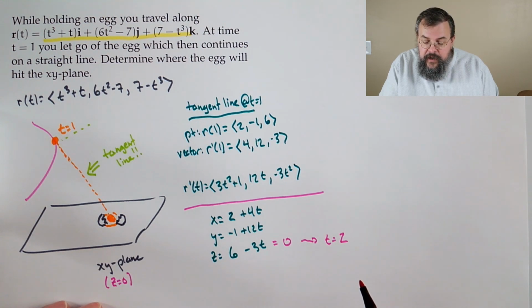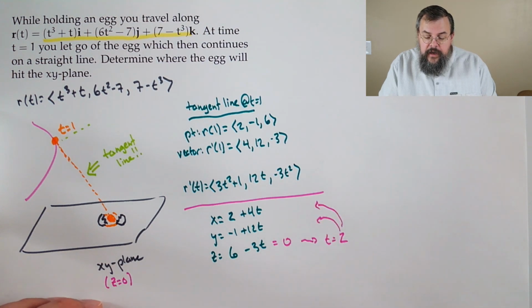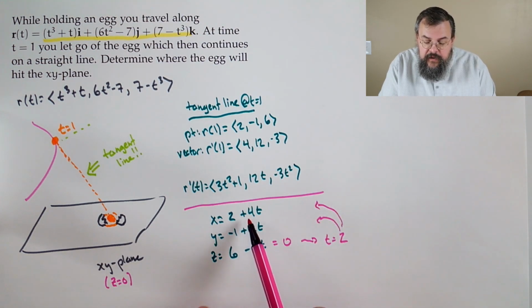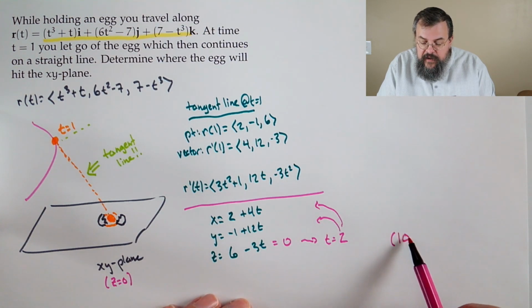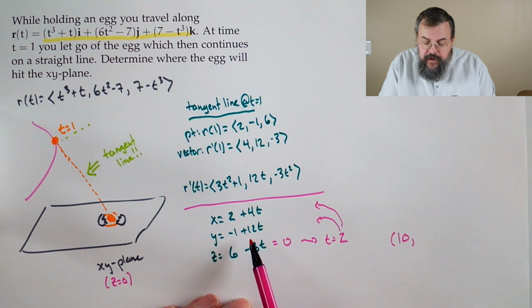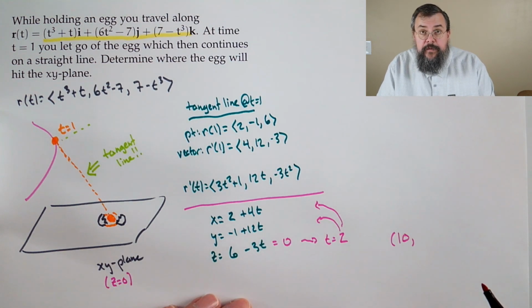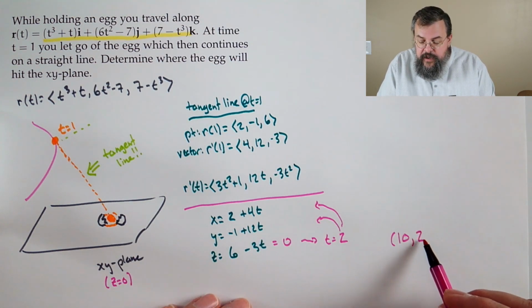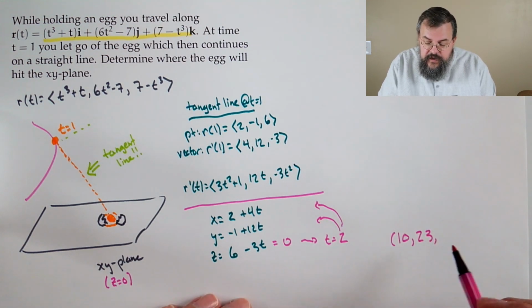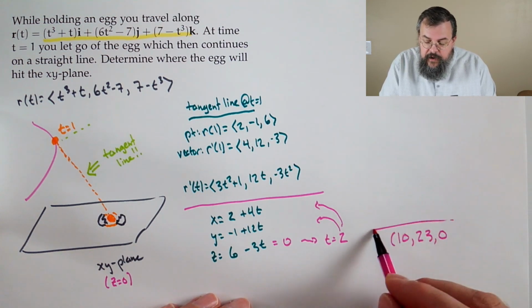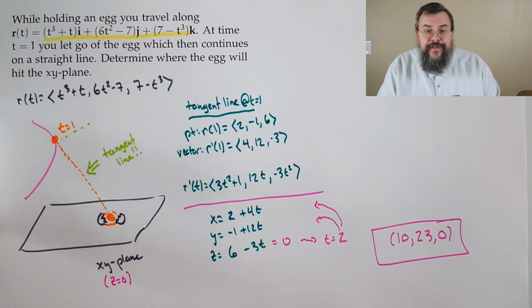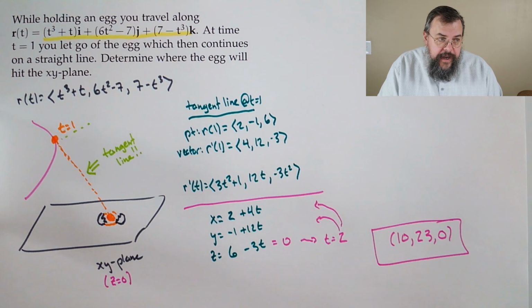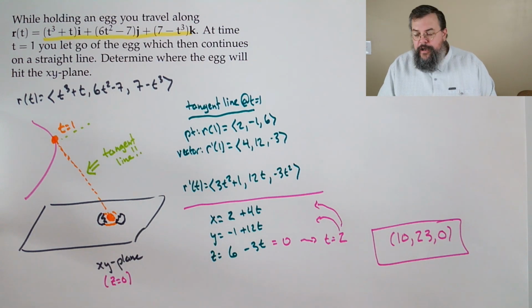Now that we know what t is, plug it in for x and for y. 2 plus 4 times 2. Well, that's 2 plus 8, which is 10, comma. Negative 1 plus 12 times 2. Negative 1 plus 24. That's 23. And comma, 0. And therefore, that's our point: 10, 23, 0. That's where we're going to have our egg hit the xy plane.